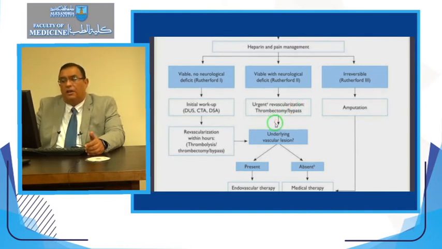After revascularization, if there is an underlying vascular lesion we will do revascularization. If there is none, medical treatment is absent. If present, we do either endovascular surgery or bypass surgery. For stage 3 Rutherford, with dead muscle, sensory loss, soft tissue loss, and no audible arterial or venous flow, we do amputation.